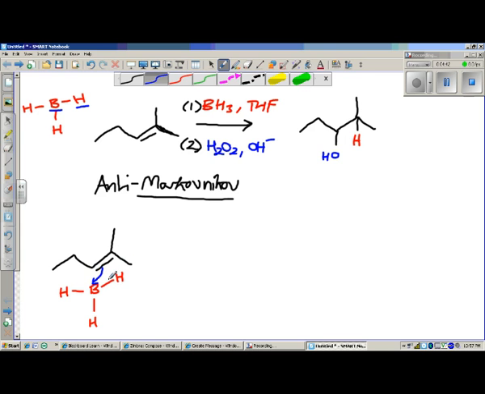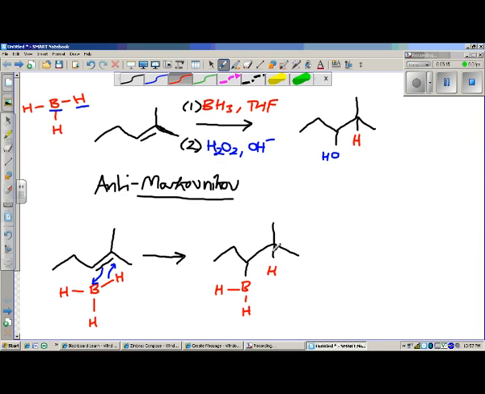So these electrons from this bond go up to this carbon, and by this carbon I mean this one, and so what we end up with is an intermediate that looks something like this, where the boron has added on one carbon. And of course on that boron are the other two hydrogens, this one and this one, and then over on this carbon I have this hydrogen.